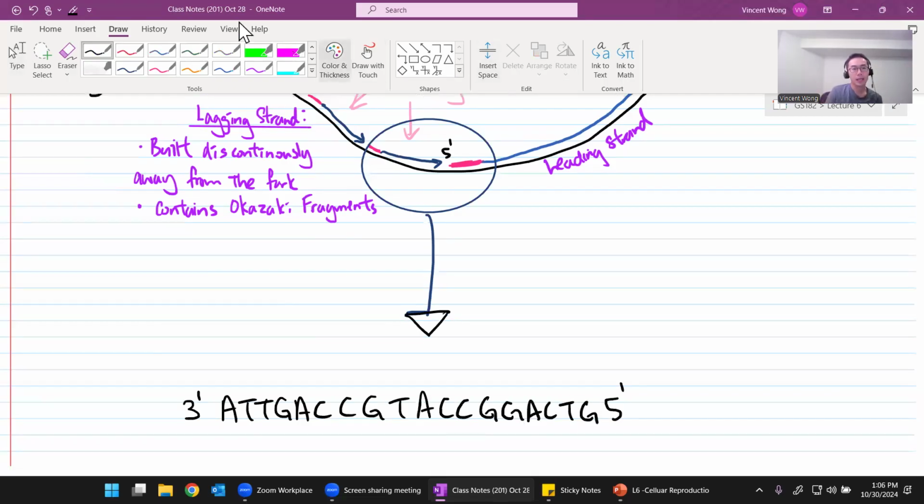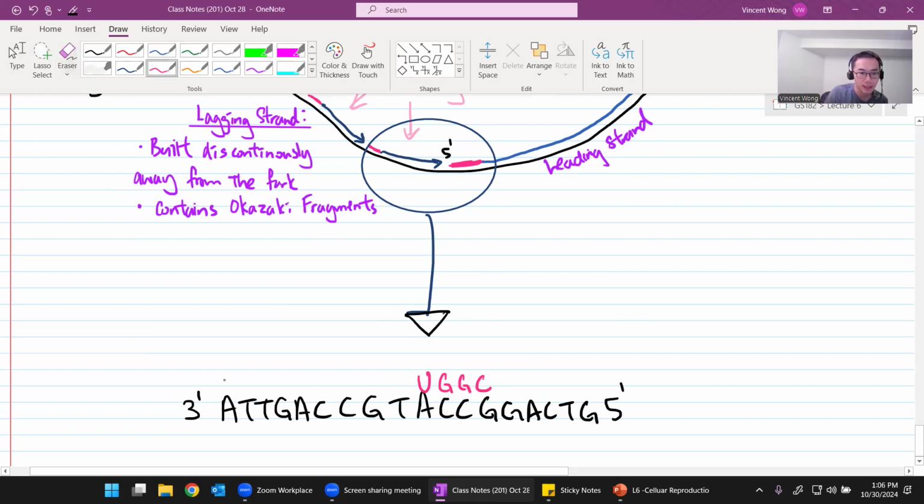There we go. And we know there are going to be a few nucleotides here, right? We're going to have the primer, for example: U, G, G, C. Okay, so that's like this pink thing right here.